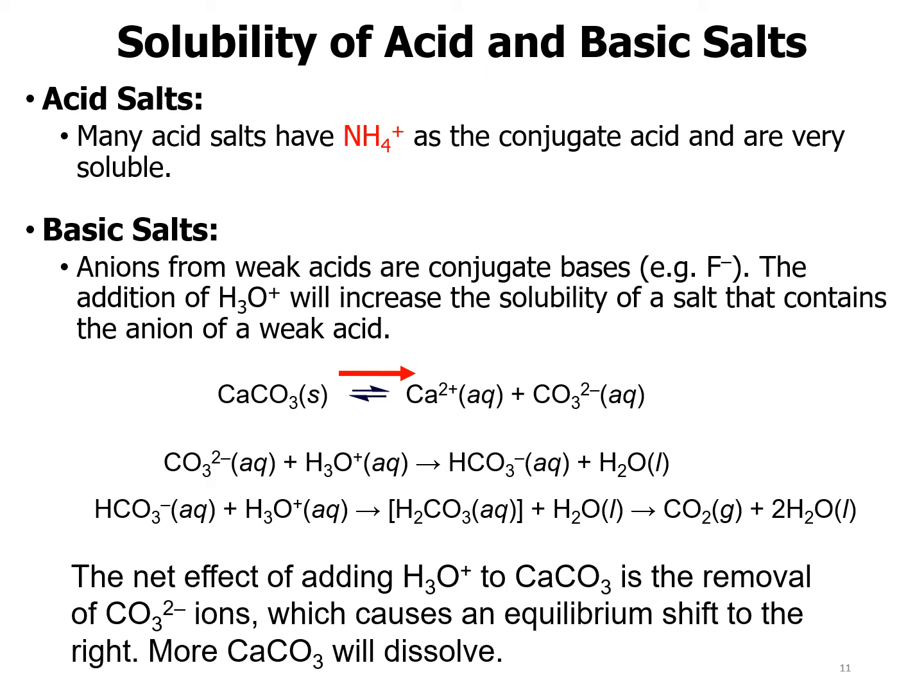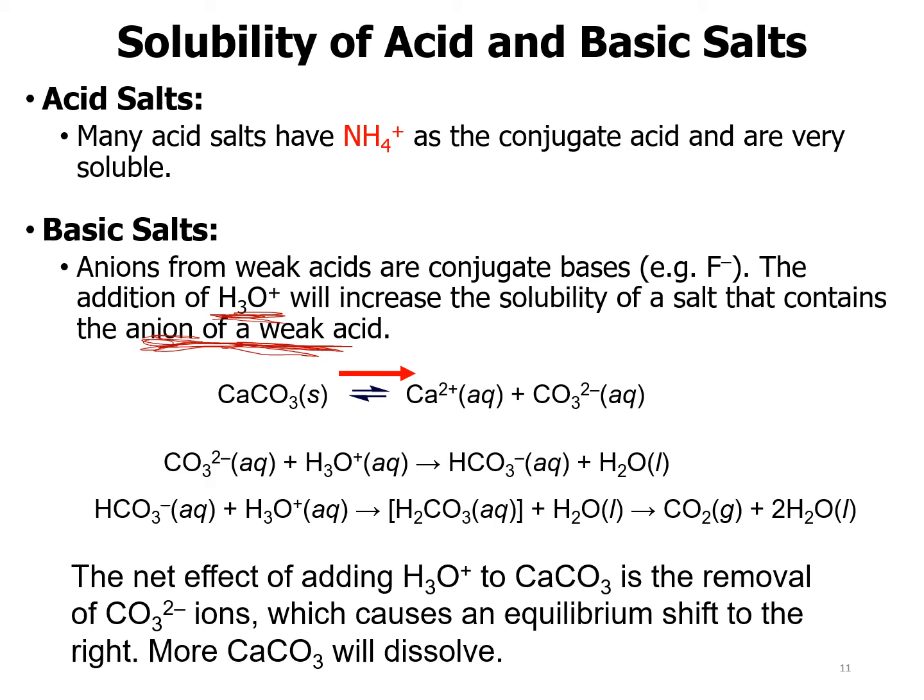What would happen to the solubility of these salts? In most cases it is going to increase the solubility of the salt if it contains the anion of a weak acid. That is what's important here. If the salt consists of the anion of a weak acid, when we externally add acid into the solution, it is going to increase the solubility.